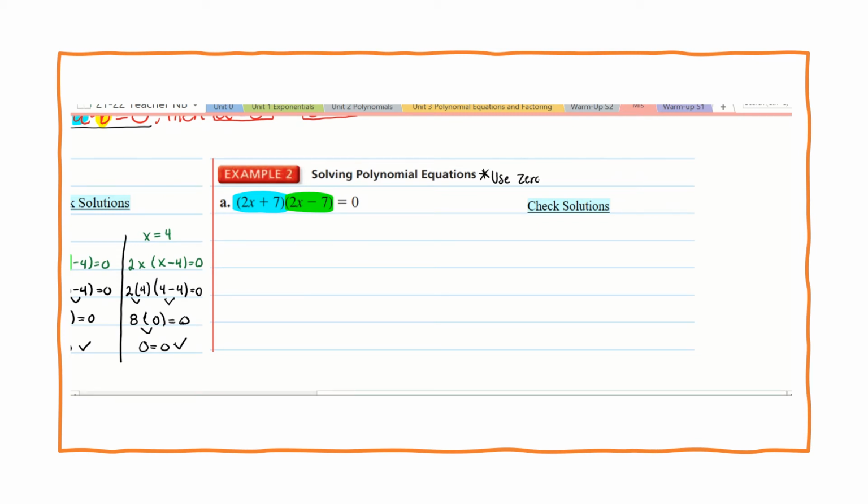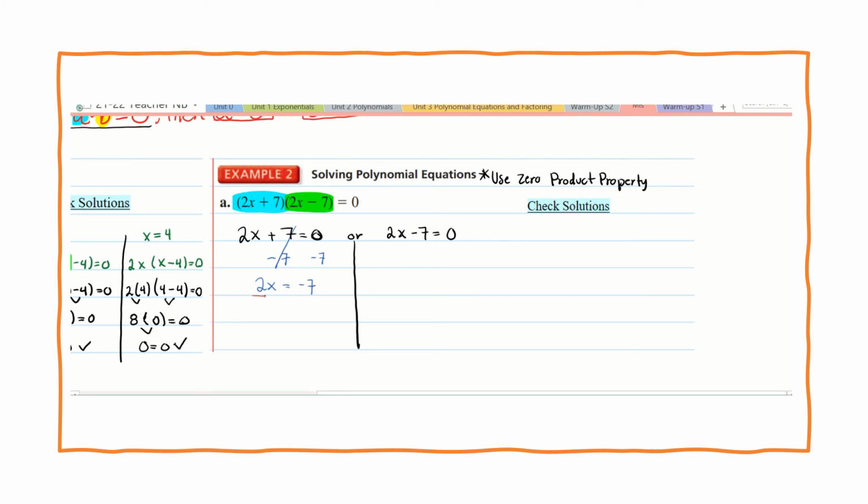We're going to use the zero product property, which I'm going to remind you states that if you have two real numbers being multiplied and they equal 0, then at least one of those two numbers would have to be 0. All right, so our equations are set up here. Let's go ahead and solve the first one.